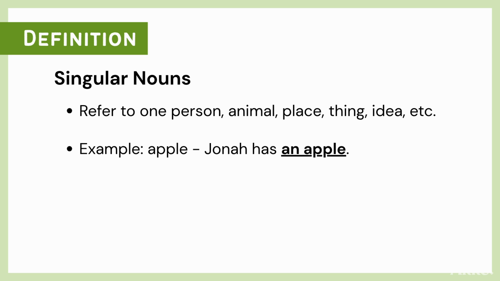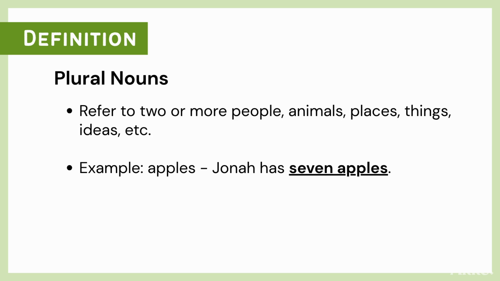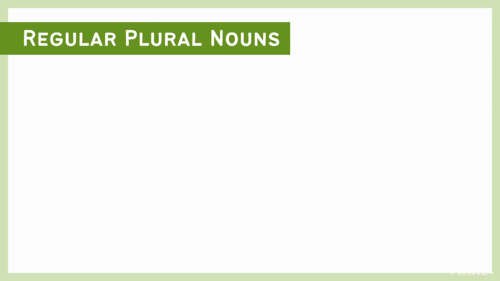Jonah has an apple. And plural nouns are the opposite. They refer to two or more people, animals, places, etc. So apple, singular, will become apples. Jonah has 7 apples. Under plural nouns, we learned that they can be regular and irregular.